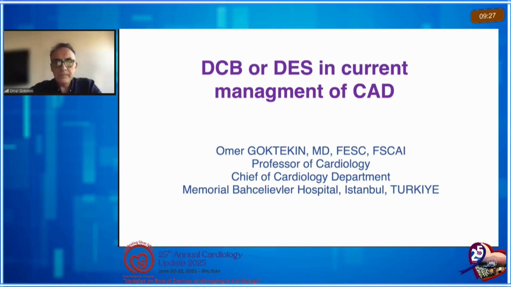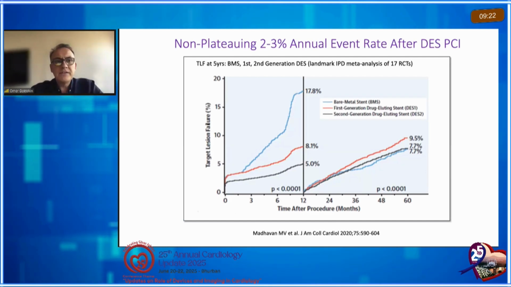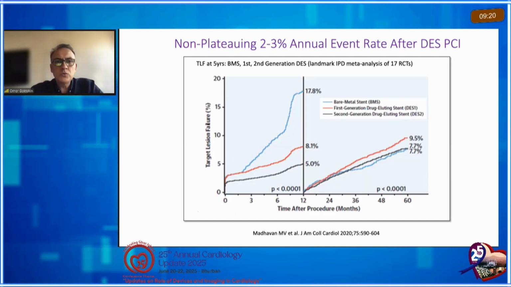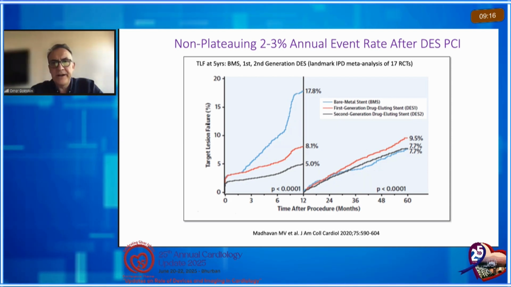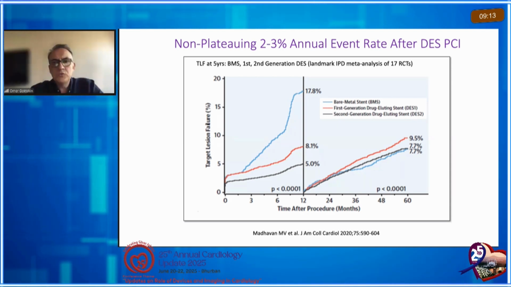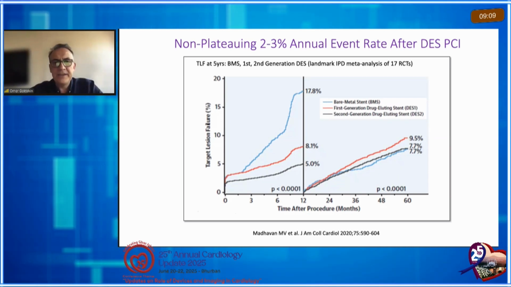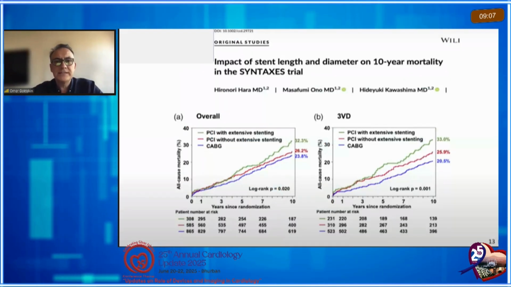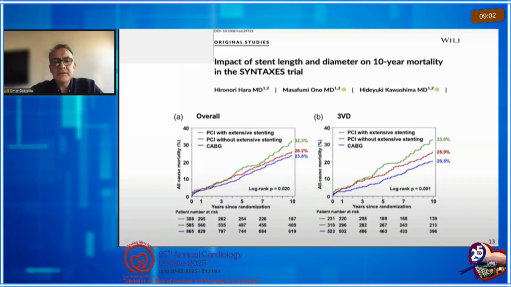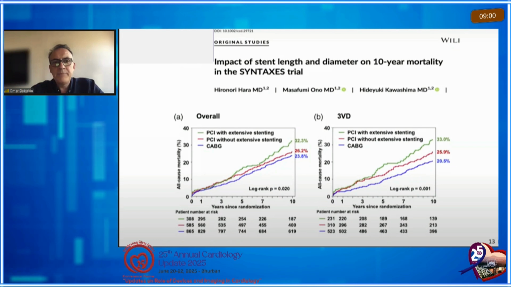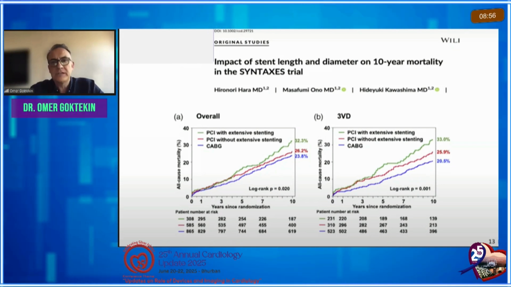So I think we have to know that there is a non-plateauing 2 to 3% annual event rate after DES PCI. We have a 2 to 3% event rate every year if we implant a stent in any coronary. Also, the SYNTAX study tells us that if we have longer stents and more stents in a patient, and also a smaller diameter, we have a higher mortality rate, right?